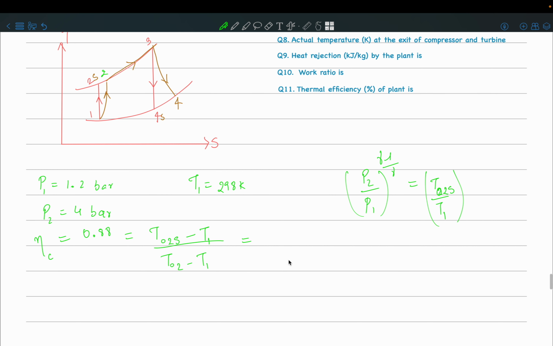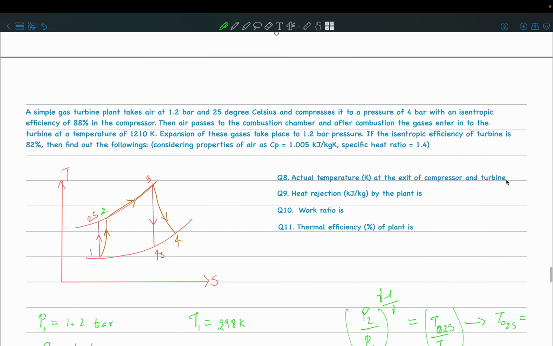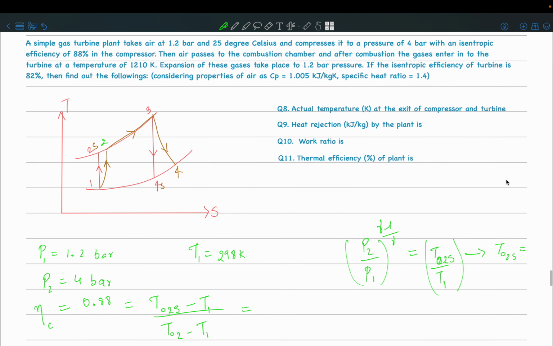Okay, so from here we can get T naught 2S. So calculate and tell me what is T naught 2S. No, that's not what I have. So the compressor pressure ratio is 4, isn't it? So gamma, they have given gamma is also 1.4.